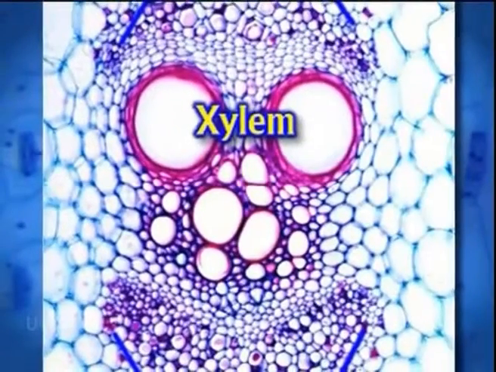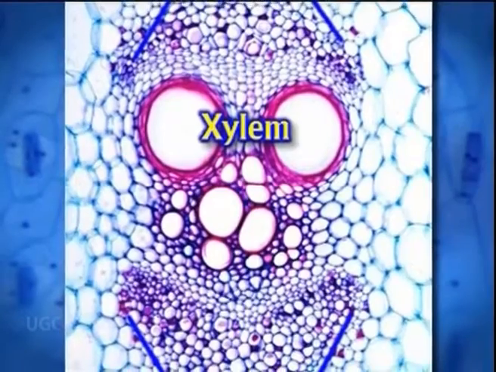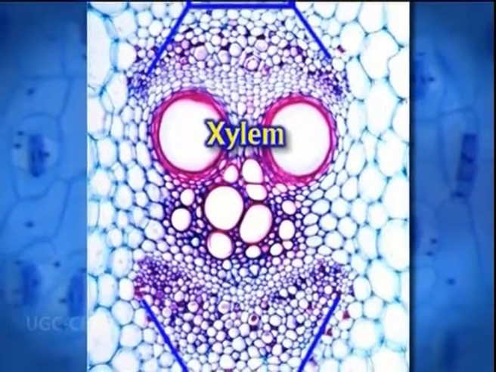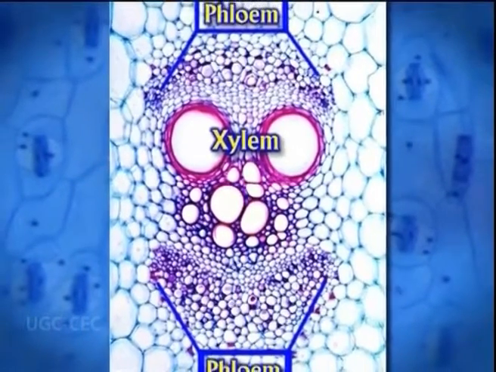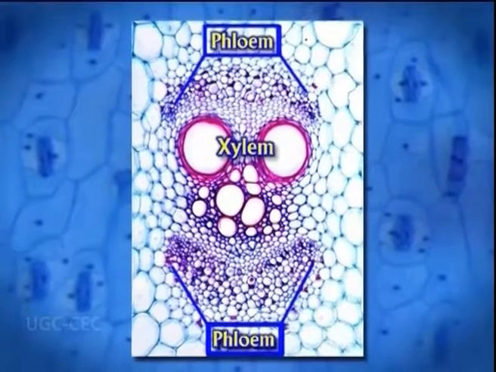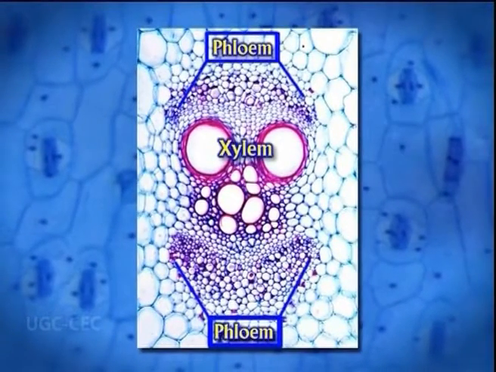In each vascular bundle, the xylem is typically found inside of the stem and phloem is found towards the outside. In the stems, the xylem and phloem are near the outside to provide a sort of scaffolding to reduce bending.